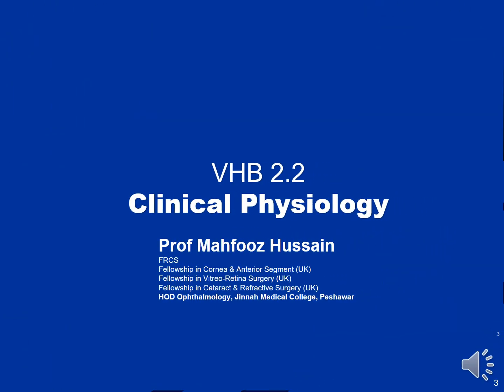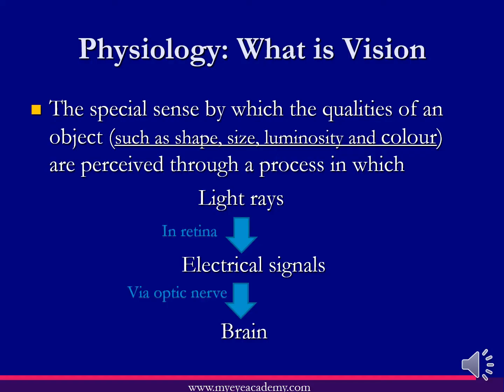We are going to discuss clinical physiology of the eye in this lecture. First of all, what is vision? Vision is a special sense by which qualities of an object such as shape, size, luminosity and color are perceived through a process in which light rays are converted into electrical signals in the retina, and then the electrical signals are conveyed to the brain via the optic nerve.